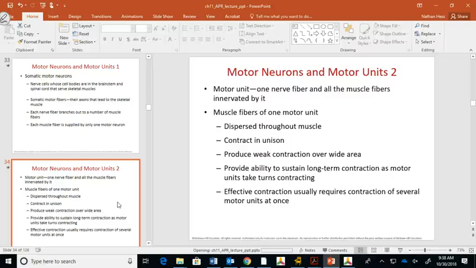It can be from a buildup of some waste products that just won't let the muscle stop. So this motor unit, we call the motor unit one nerve fiber and all the muscles that it innervates. Okay? And again, there's a nice picture of this on page 403 showing you where those nerves are coming in and attaching.